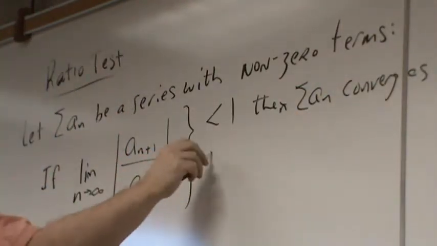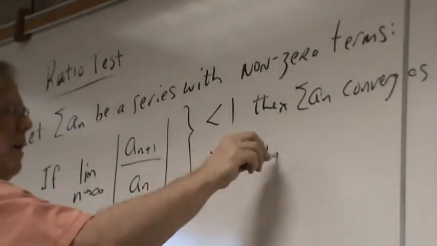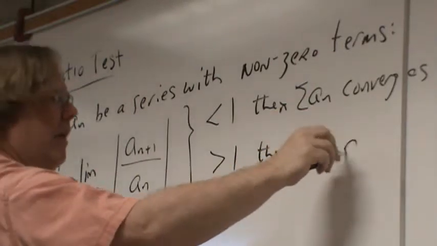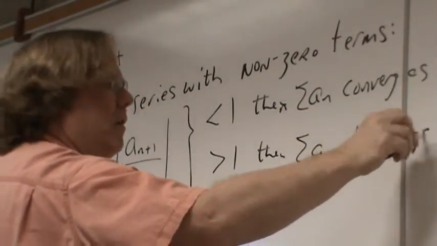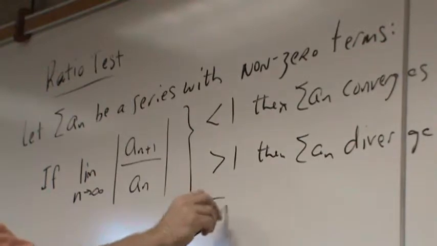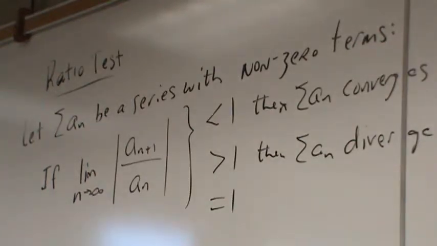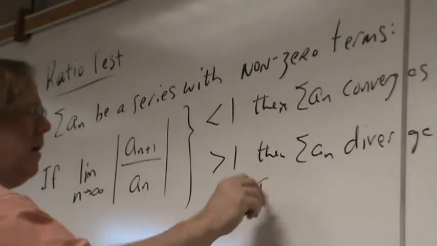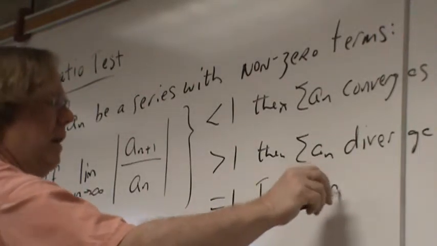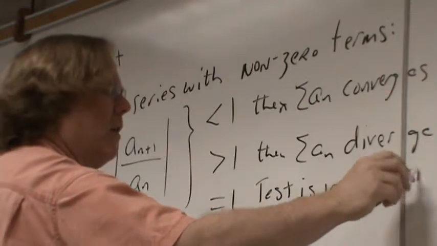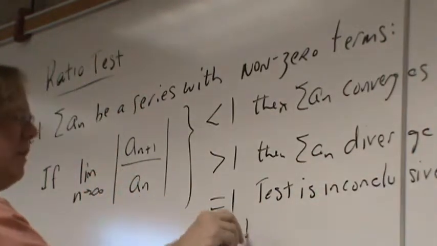If this ratio is greater than 1, then the sum of A sub n diverges. And if this ratio is equal to 1, then the test is inconclusive. You got to choose another test.